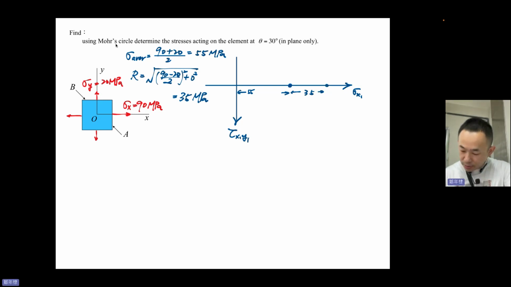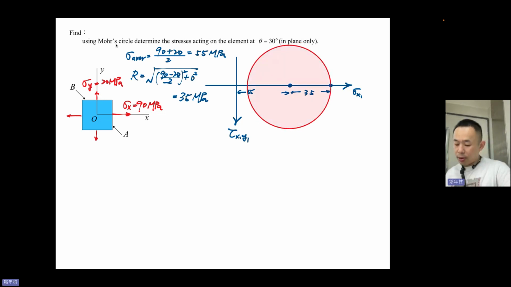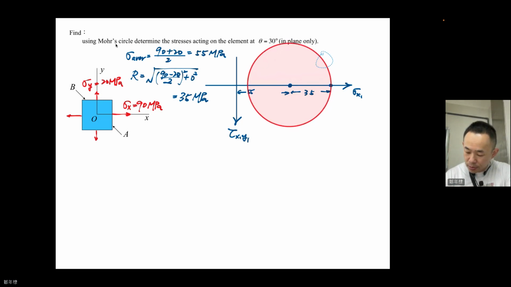How about this one? Okay, let's try it. All right, this is 35 radius and 55, okay? And now you've done that.